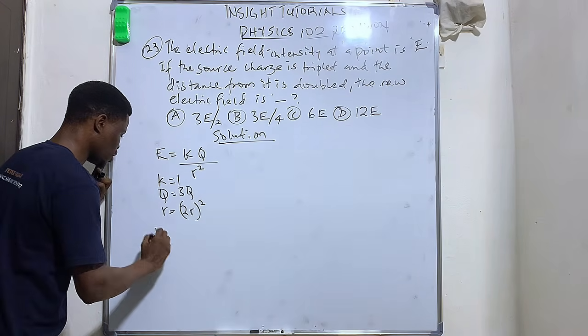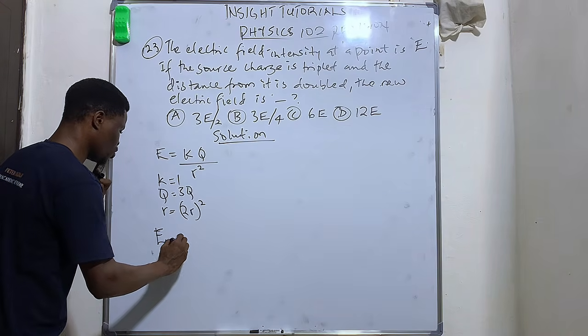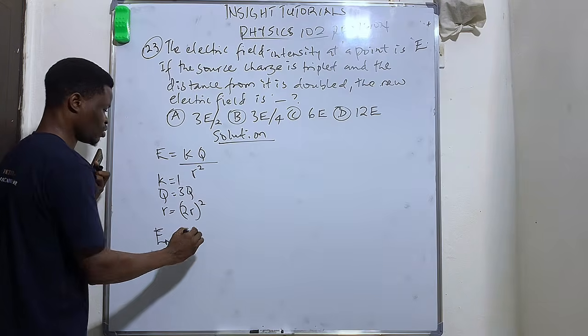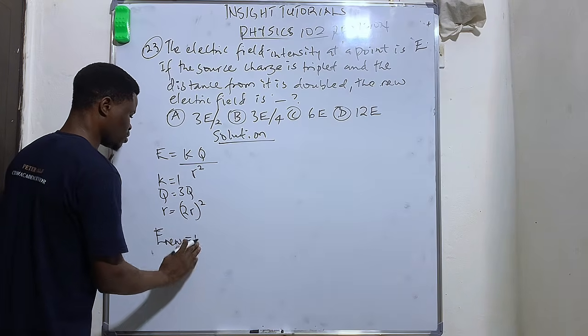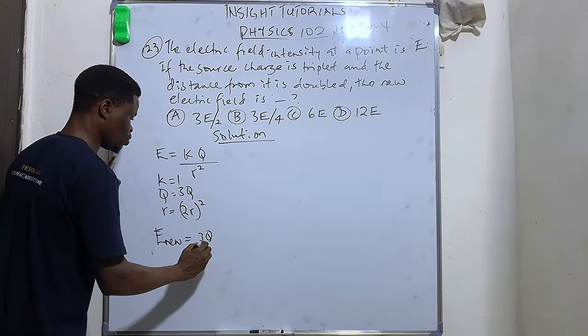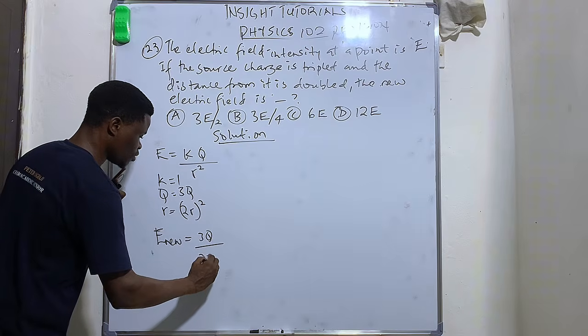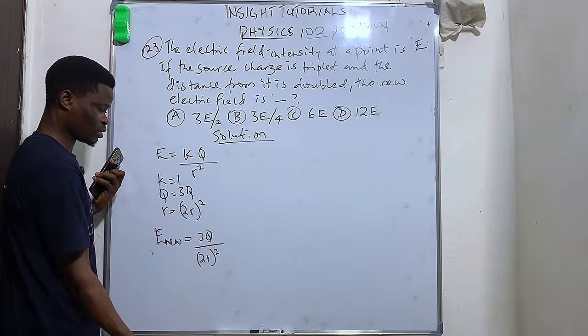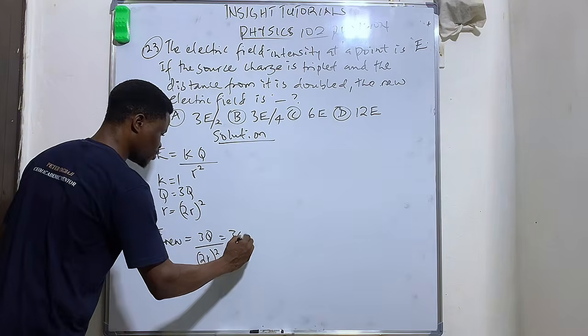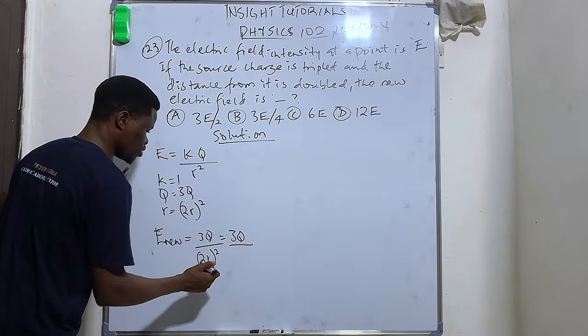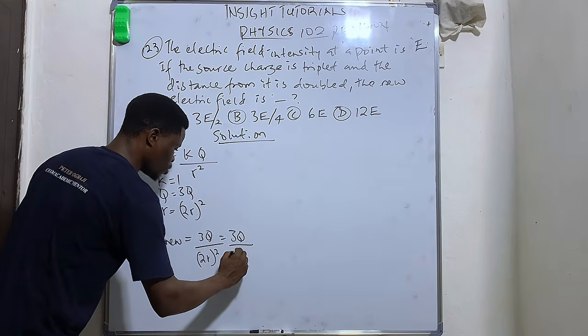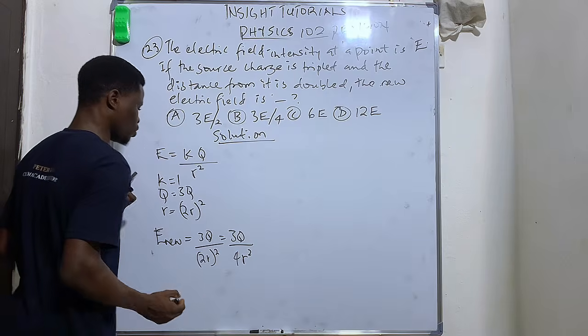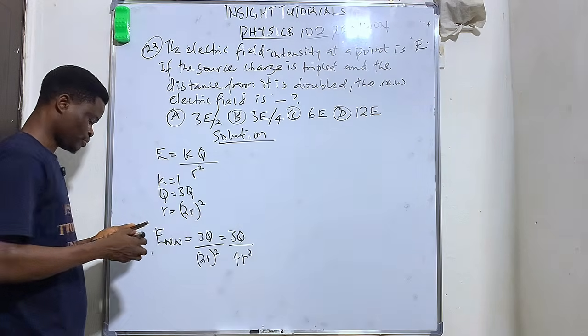So we're going to say E, now this is the new, it will be equal to, and this is 1, 3Q all over 2R all squared. So we have 3Q all over 2R squared, which is going to be 4R squared.